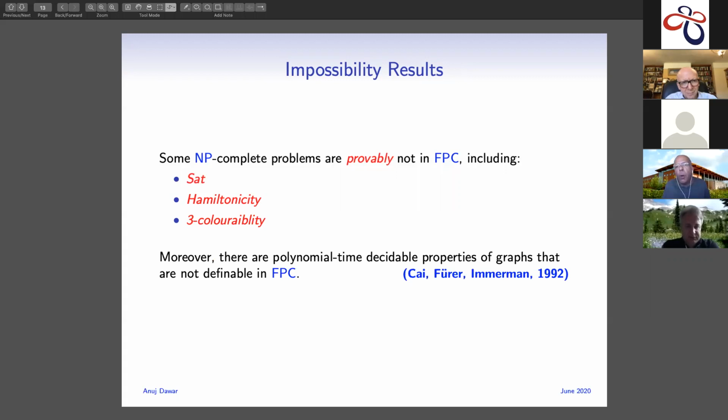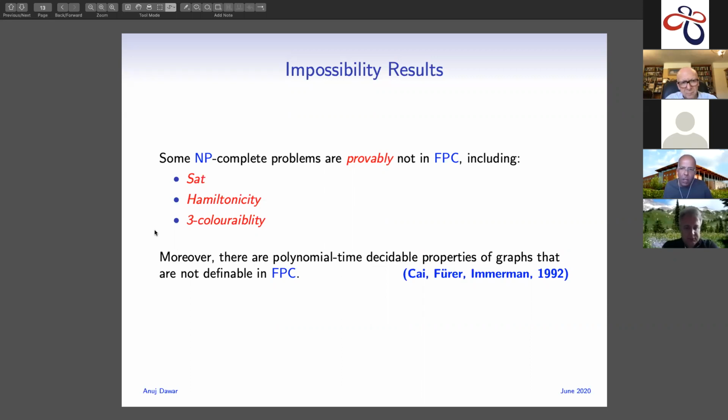But there are also polynomial time properties of graphs which are not definable in FPC, and we've known this for a long time. So this shows that it's a robust notion, but it's still properly contained in polynomial time. So these impossibility results don't advance us, say, towards the goal of proving real lower bounds on these NP-complete problems.